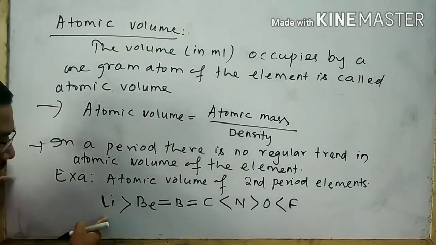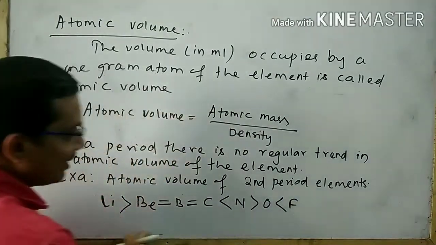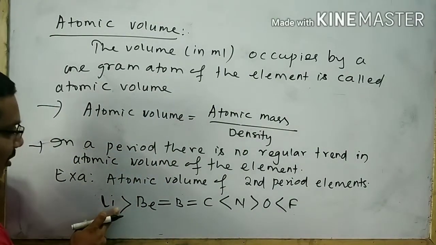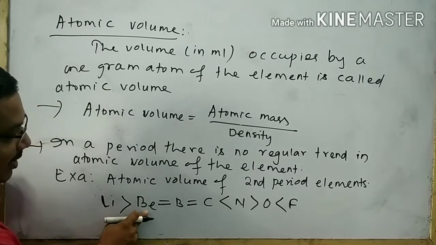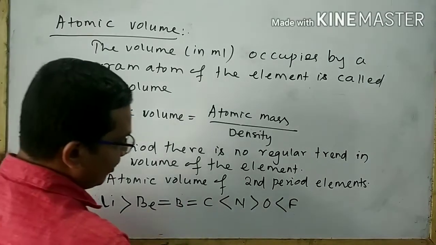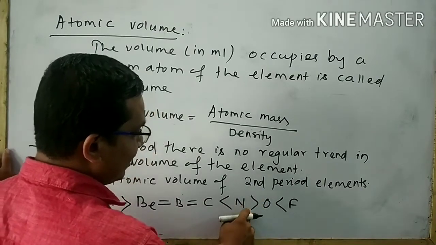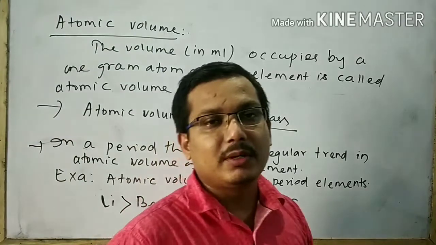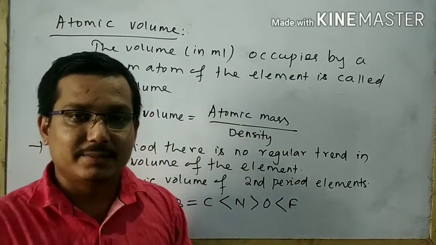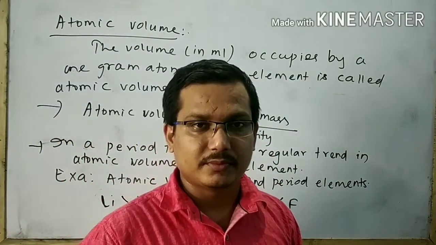Look at that, there is no regular decrease or increase of the atomic volume. There is no regular trend in the atomic volume of the elements present in the periods.